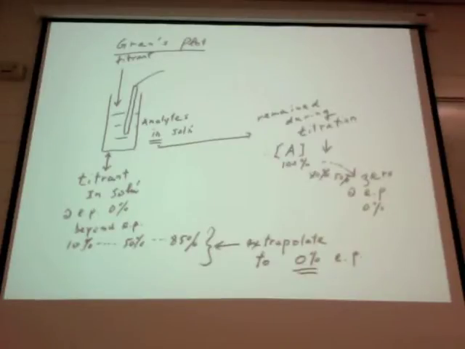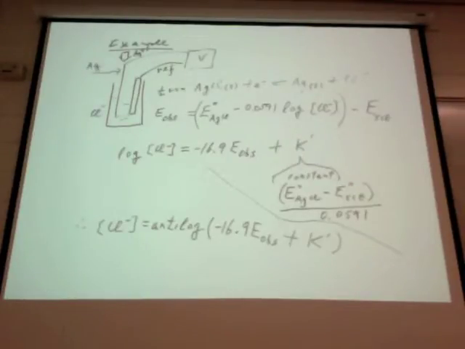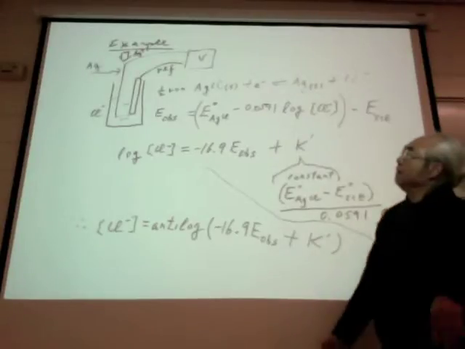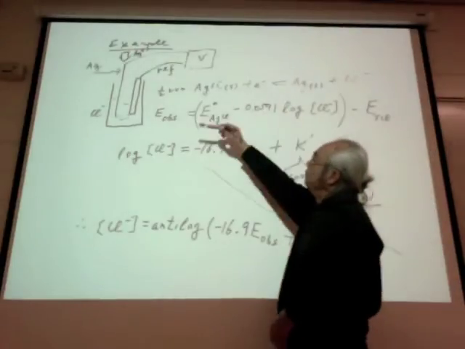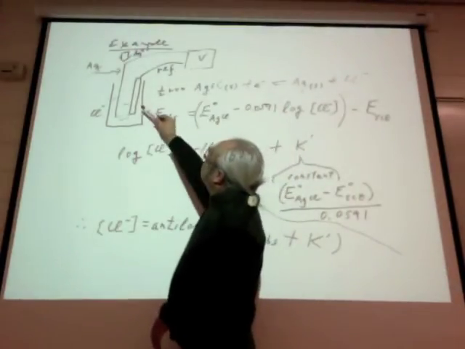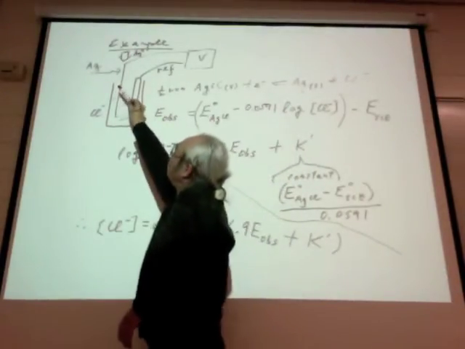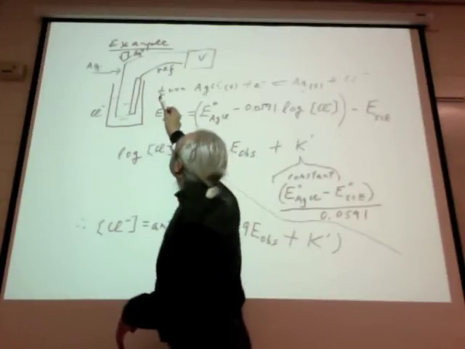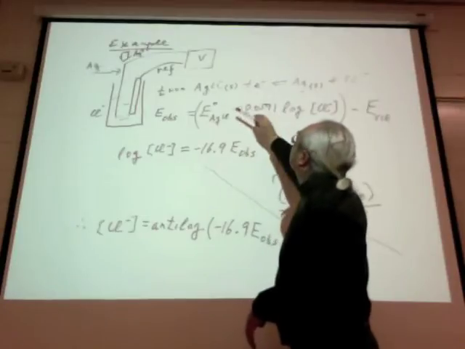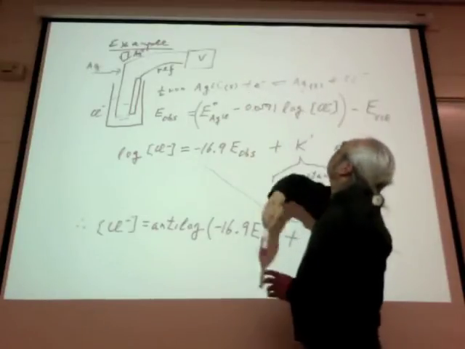Now looking at this case here. Let's say this is your titration, the example. So you use a silver wire electrode and a reference electrode. You're going to measure based on this half reaction.